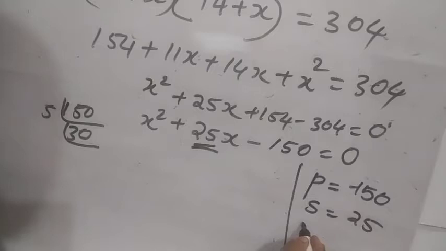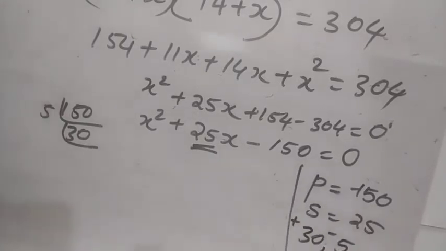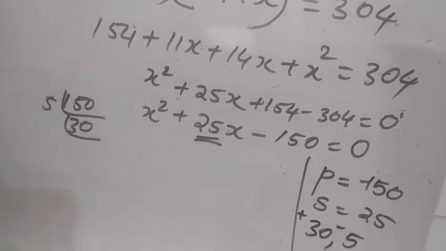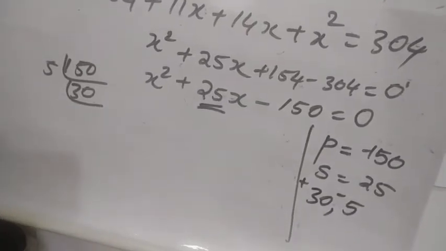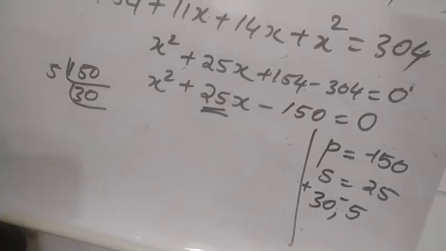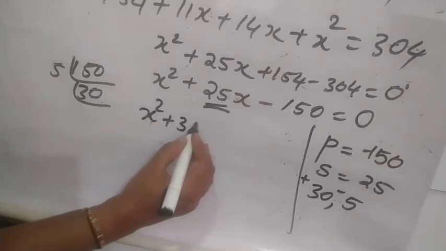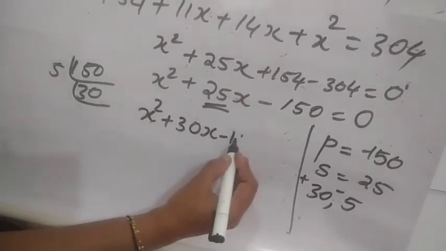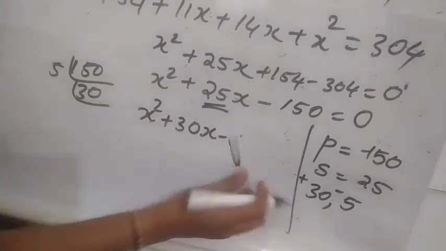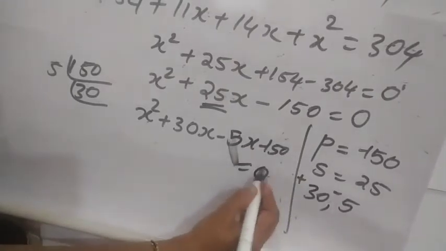So we can take the numbers as 30 and 5. Plus 30 and minus 5 give the sum plus 25 and the product minus 150. So we can write this as x square plus 30x minus 5x minus 150 equal to 0.